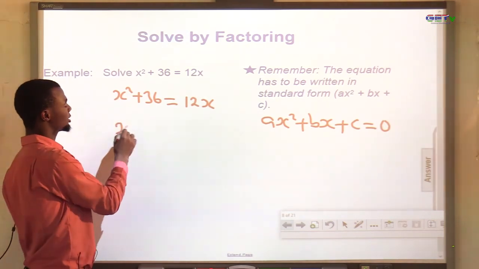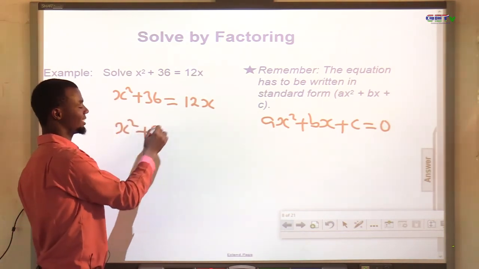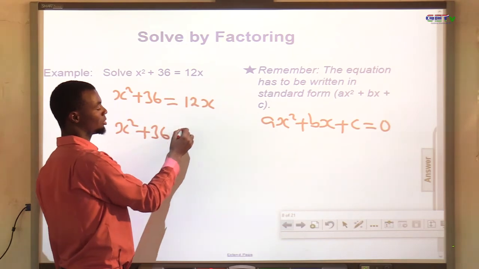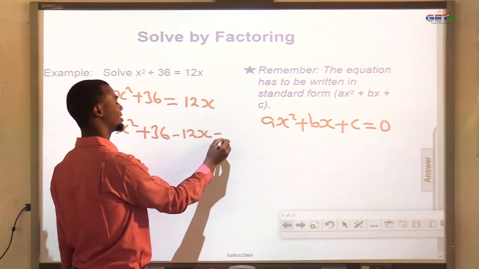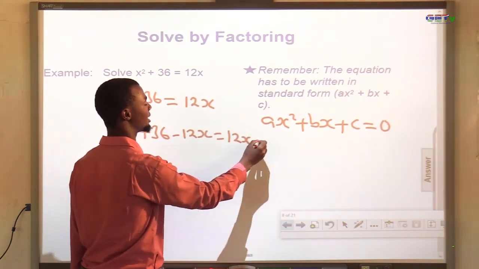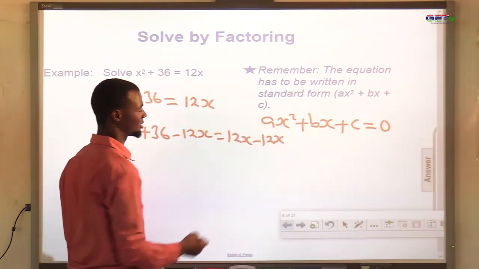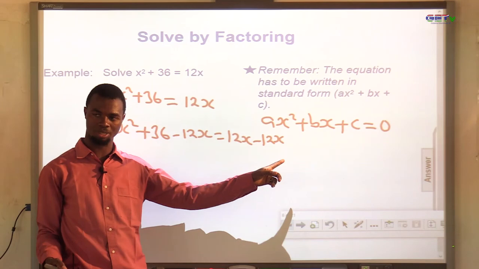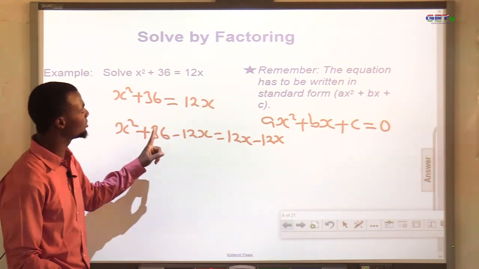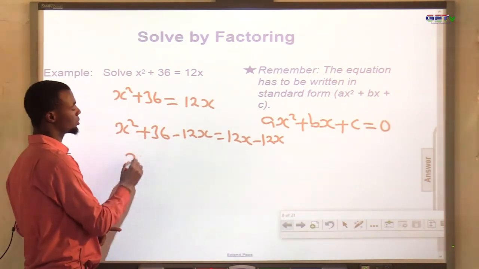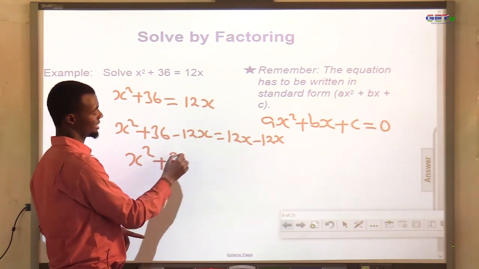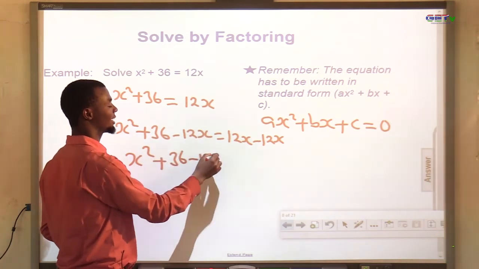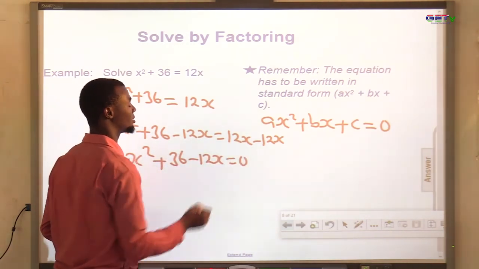So you will have x squared plus 36 minus 12x is equal to 12x minus 12x. You realize 12x minus 12x will be 0. Then we will have x squared plus 36 minus 12x is equal to 0 now.